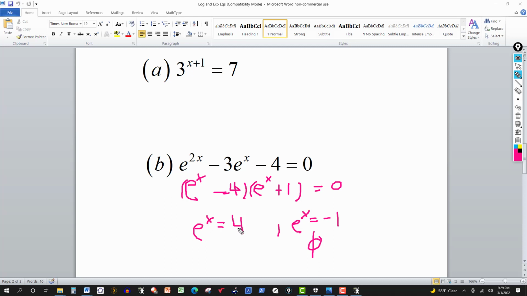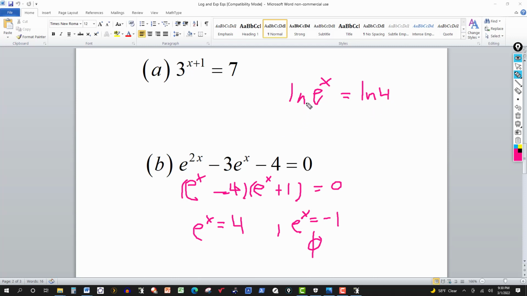Kind of like the first one we did, we take the log of both sides. Again, we could use log to base 10, but anytime you have an exponential with an e, the best thing to do is take the natural log, because of what happens here. Notice, I take the natural log of the left side and the natural log of the right side.